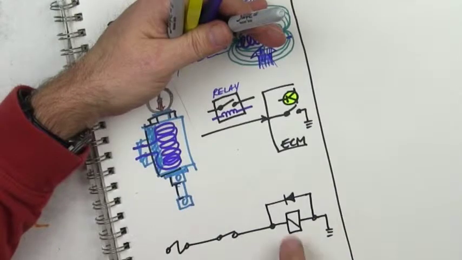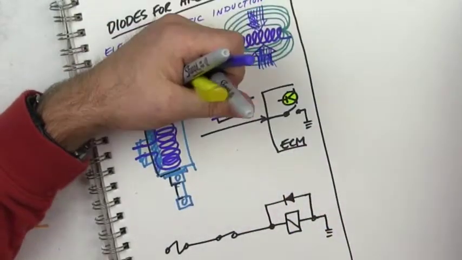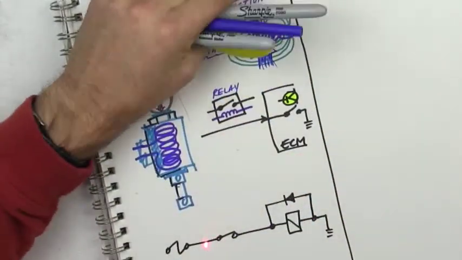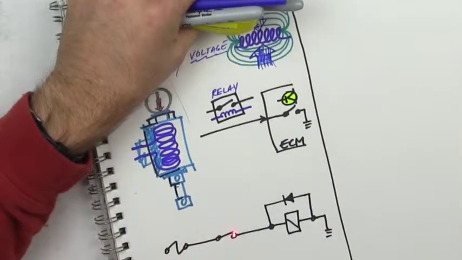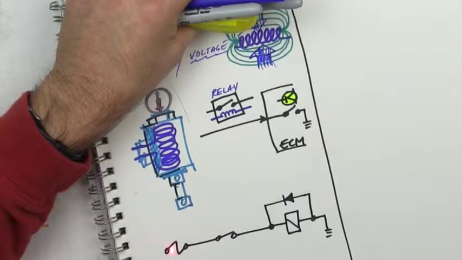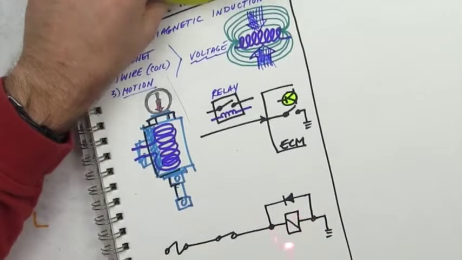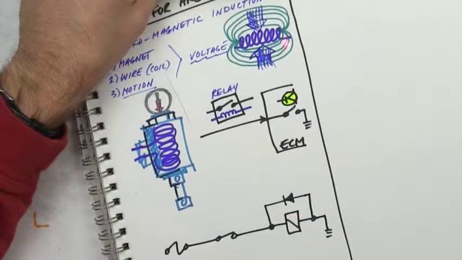So here's what happens. I will use positive flow because people like it and it's easy to understand. When I close this switch, the electrons, or holes, I don't care, go zing, zing, zing, and it's making this field right here. This field is being produced by this coil one way or another.